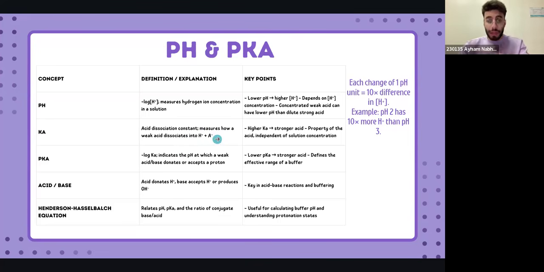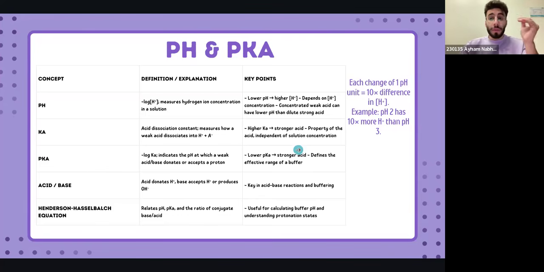We're going to talk about this later on. So the higher the Ka, the stronger the acid, and this property of the acid is independent of the solution concentration, not like pH. pH is dependent on the concentration of hydrogen in a solution. Ka is not dependent on the concentration of hydrogen.